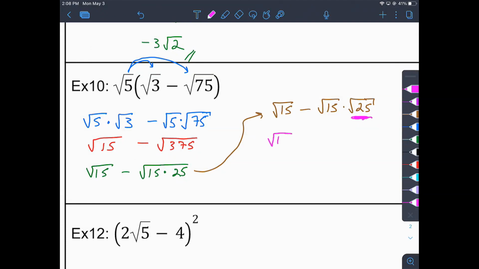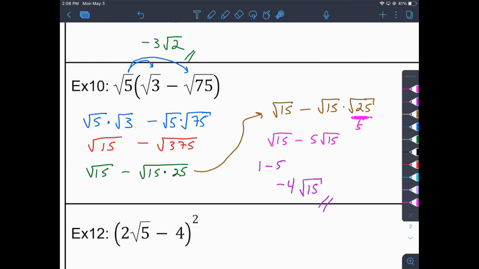So I have root 15 minus 5 roots of 15 because this itself is 5. And we typically write the whole number in front of the root symbol, like we did here. So now what is 1 square root 15 minus 5 square root 15? Basically, I'm asking what's 1 minus 5? Well, it's negative 4 square roots of 15.